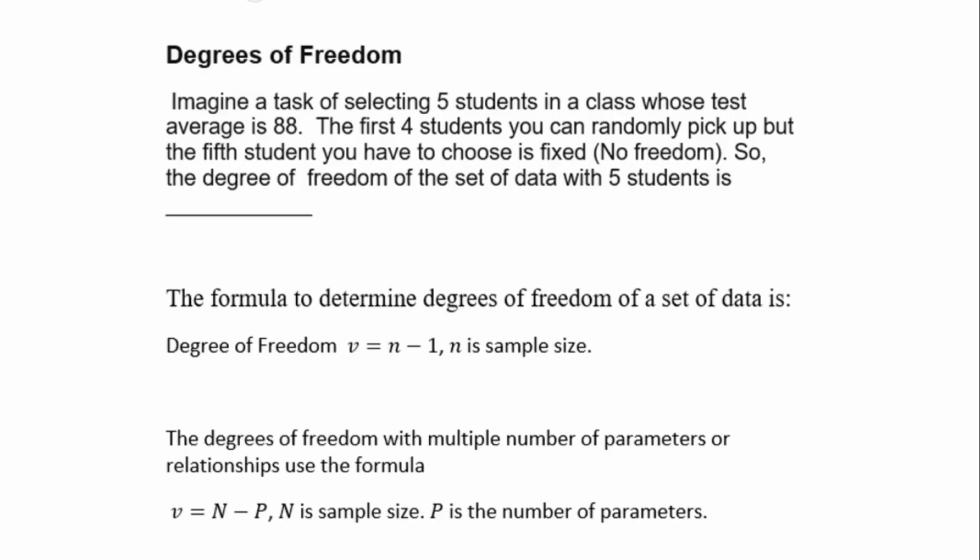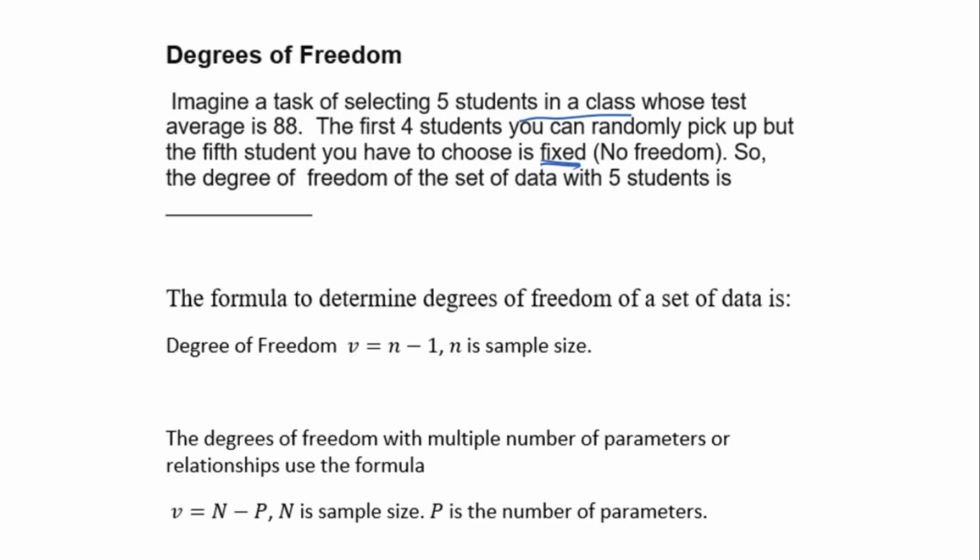This video is about degrees of freedom. Imagine a task of selecting 5 students in a class whose test average is 88. The first 4 students you can randomly pick from the class, but the 5th student you have to choose is fixed, because your goal is to make the test average 88.